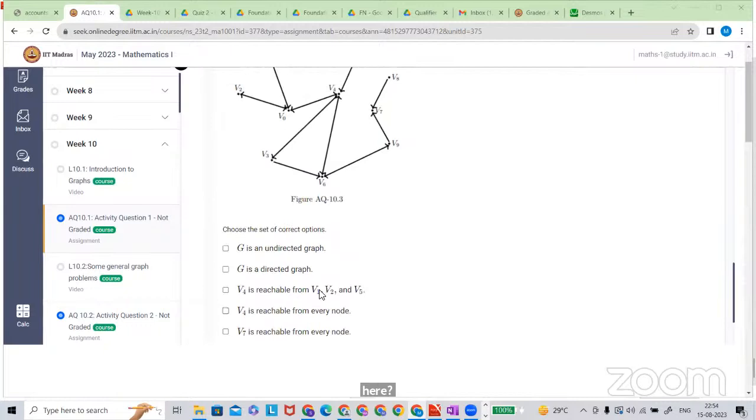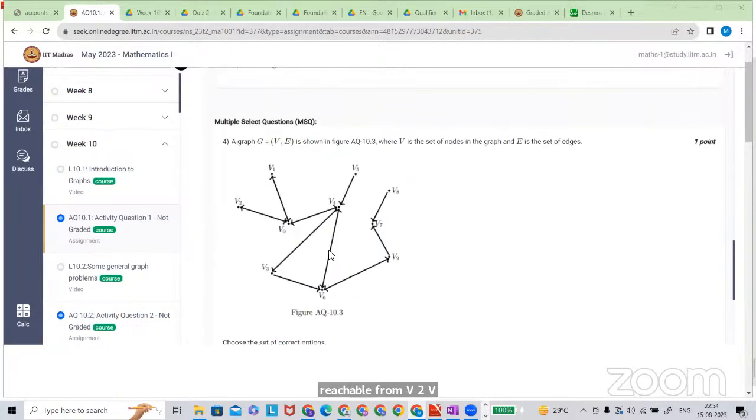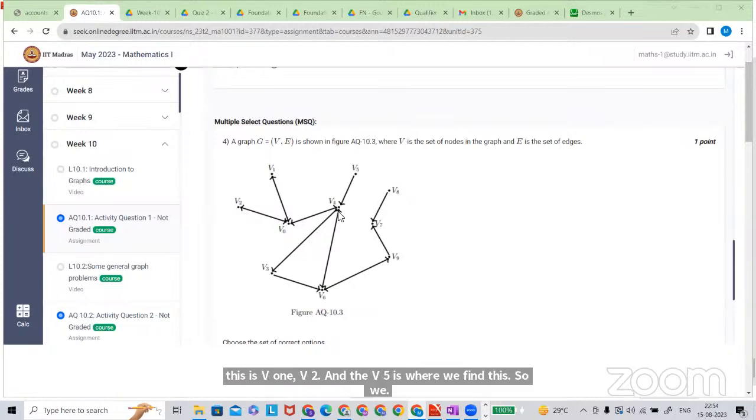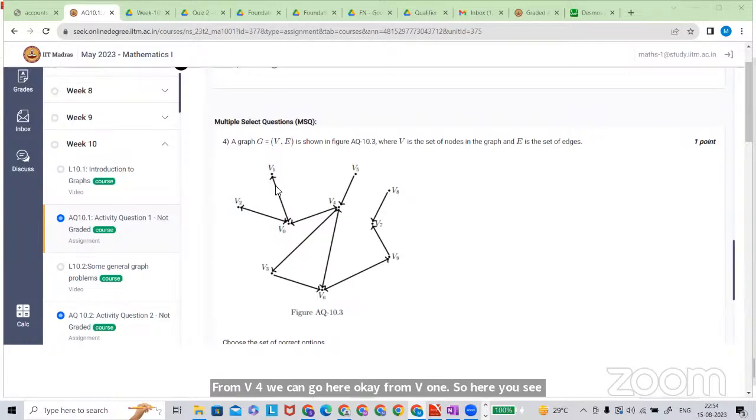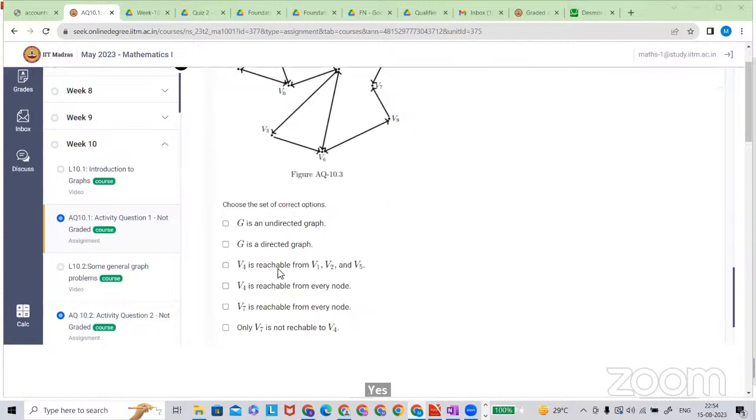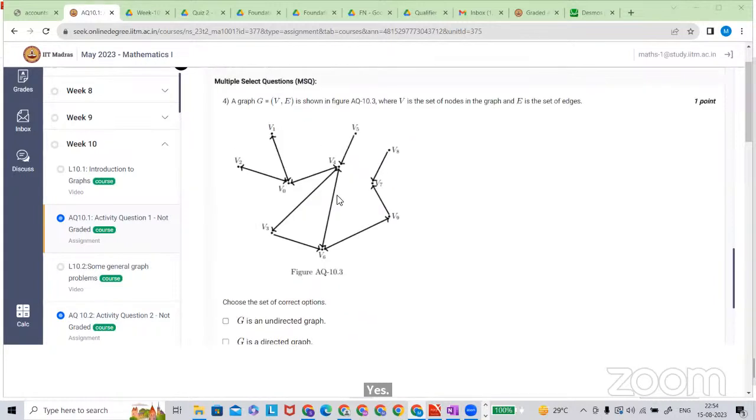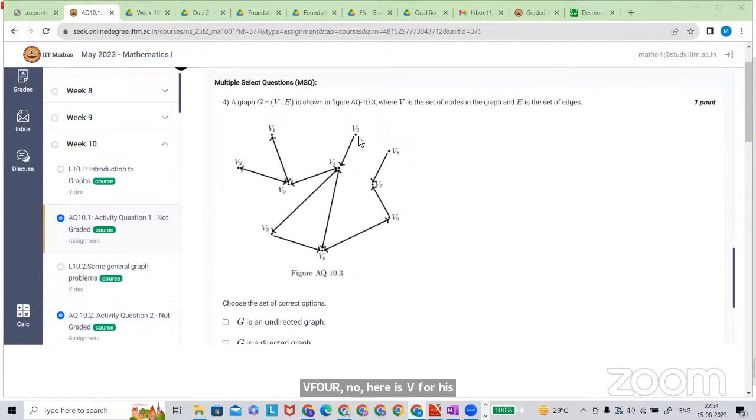This is V4, and this is V1, V2, and V5. See that two directions are given here.